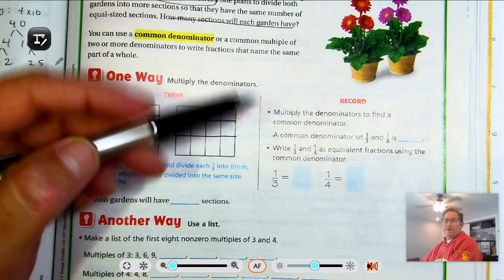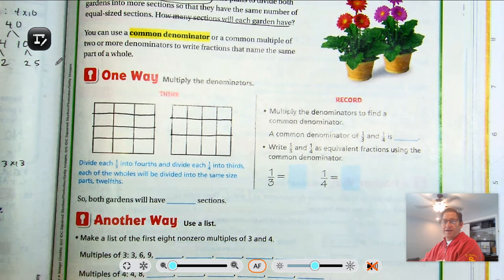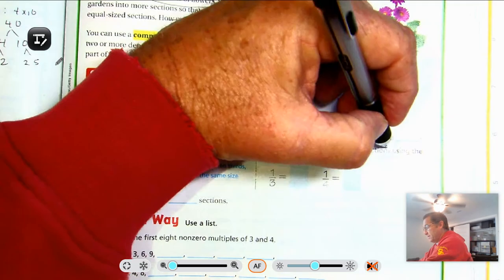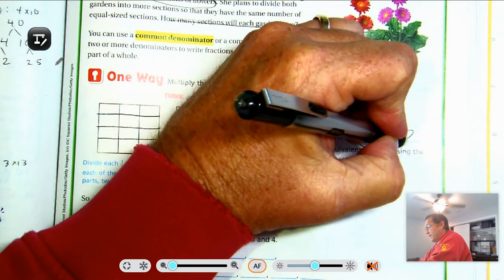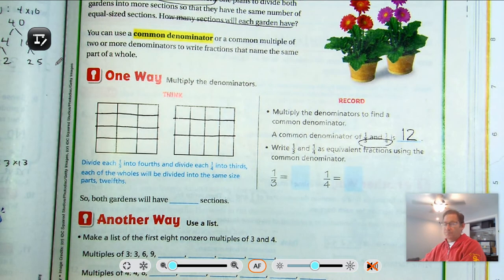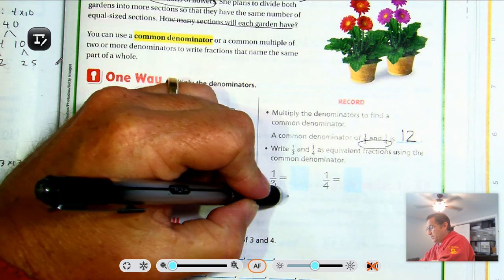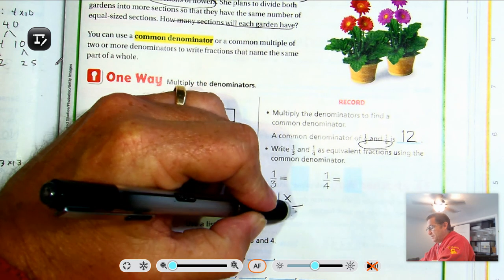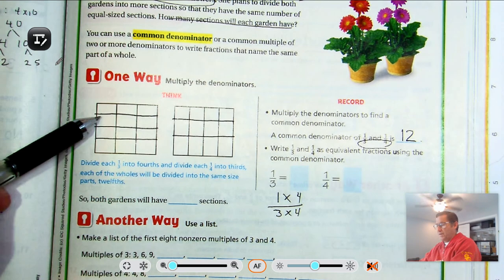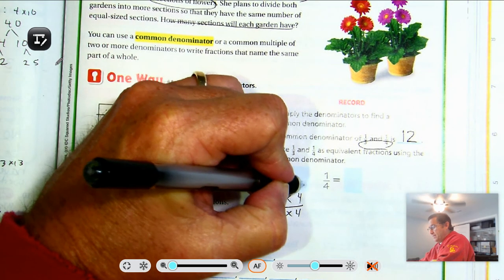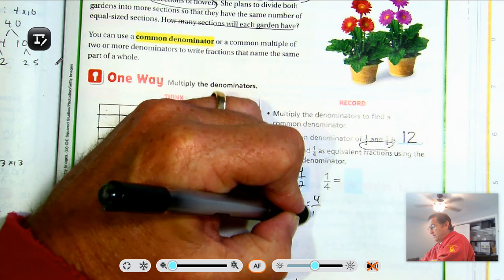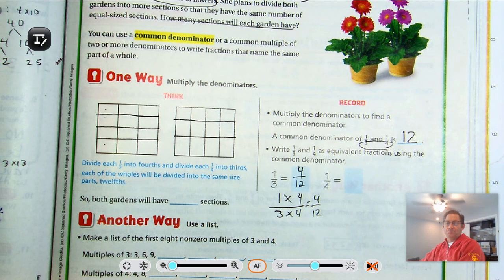So a common denominator of 1/3 and 1/4, if you just multiply 3 times 4, would be 12. So 1/3 times 4, right? We multiplied the 1/3 by 4. We would get 4/12.